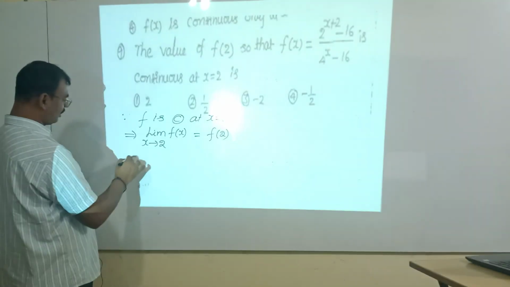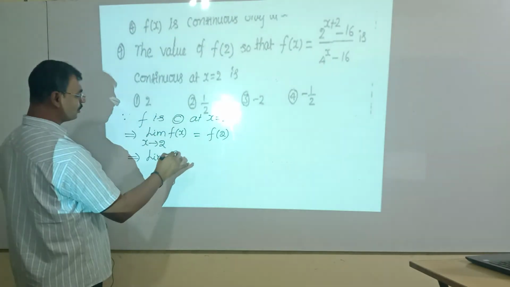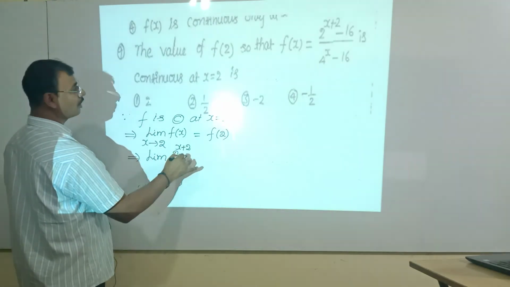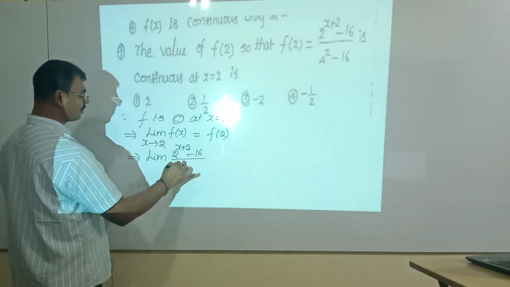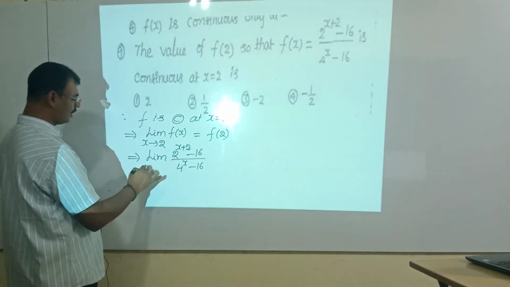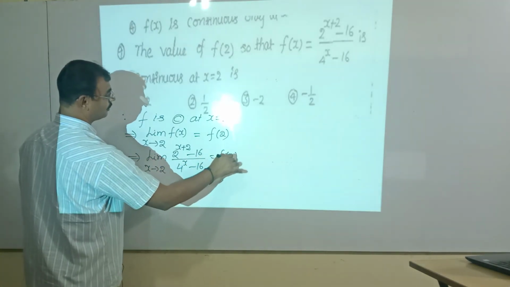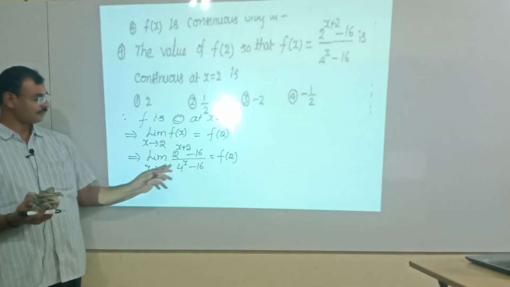Apply the function here. Limit of 2 raised to x plus 2 minus 16 divided by 4 raised to x minus 16 as x approaches 2 is equal to f of 2. I have to find the f of 2 value.